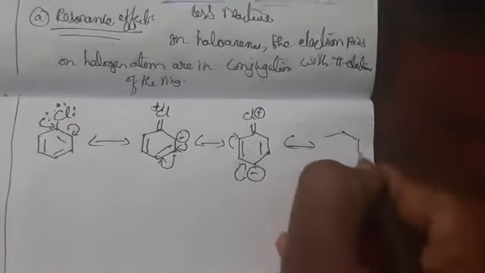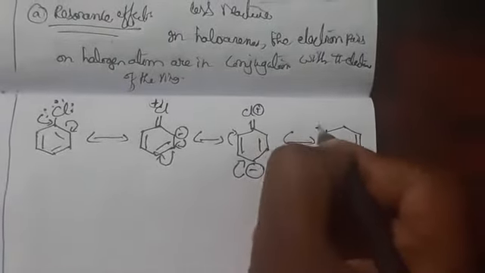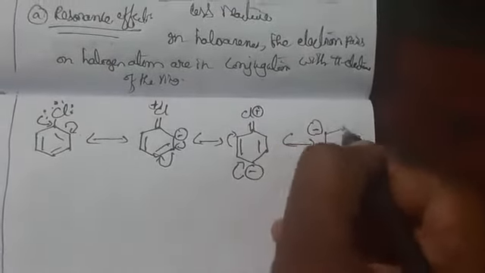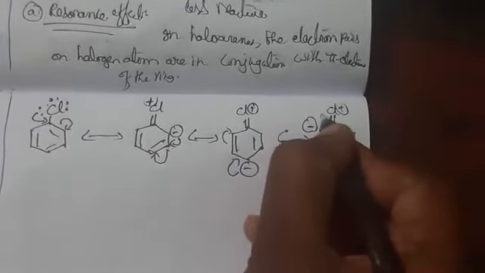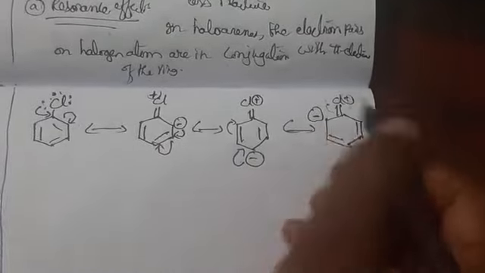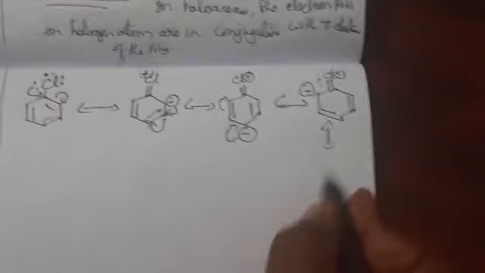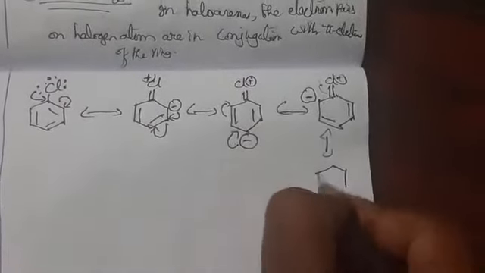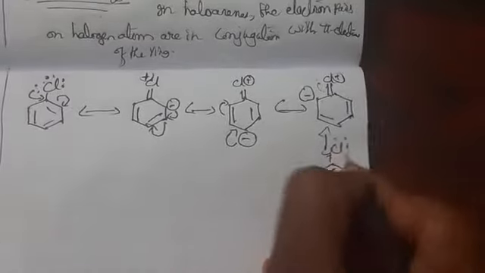So we are getting here like this: a minus charge and here Cl plus. Now again this bond will go to this side and here again we are getting a lone pair of electrons. So it is forming minus and plus, and again it is forming Cl like this.